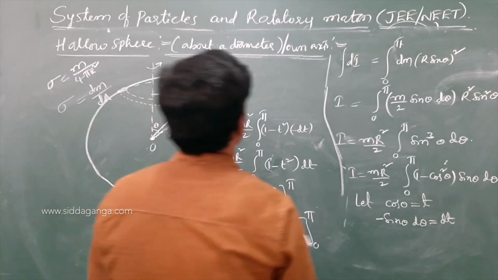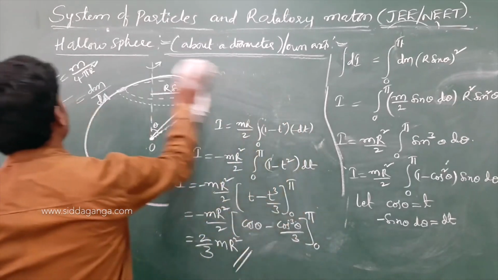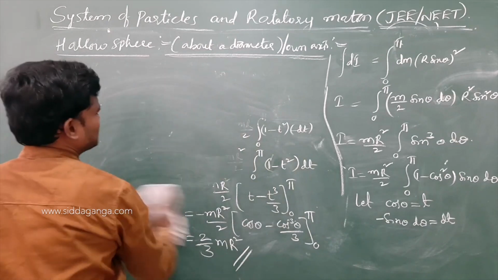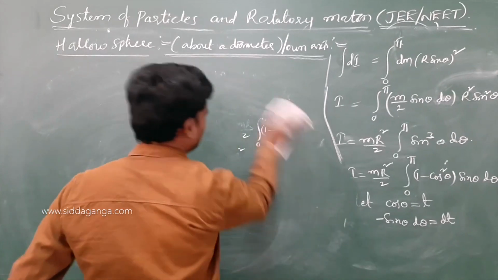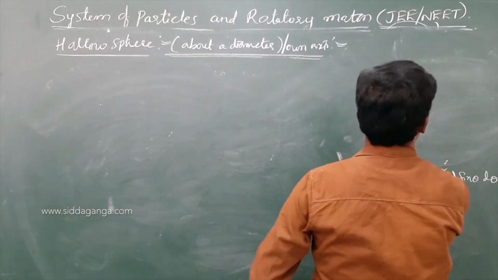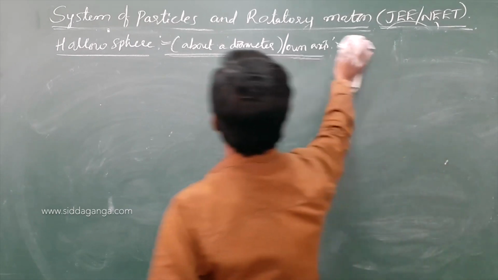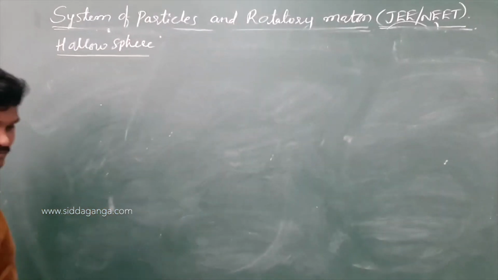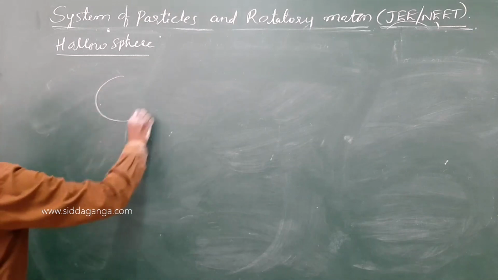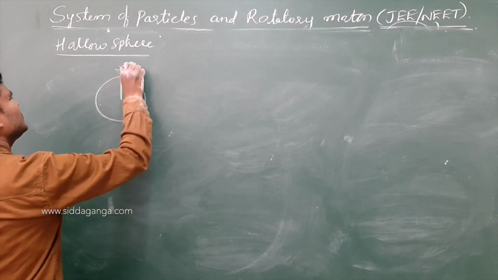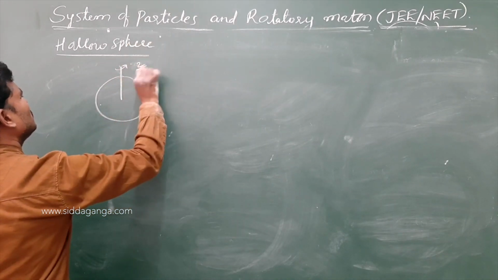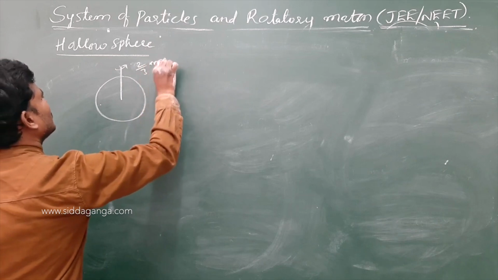This is about one axis. Now let me find about a tangent. Hollow sphere about one axis, how much are you getting? 2 by 3 mr square.